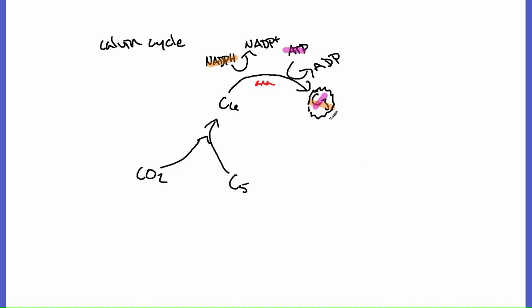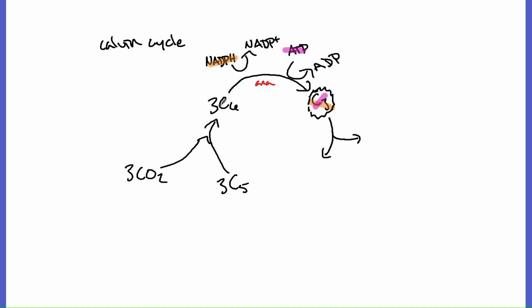Next step: some of those 3-carbon molecules are going to stay in the cycle, and one's going to get kicked out every time. Now, that doesn't make sense because I haven't started balancing this yet. I really need to talk about how 3 carbon dioxides enter at a time and attach to 3 different 5-carbon molecules to end up making 3 6-carbon molecules.